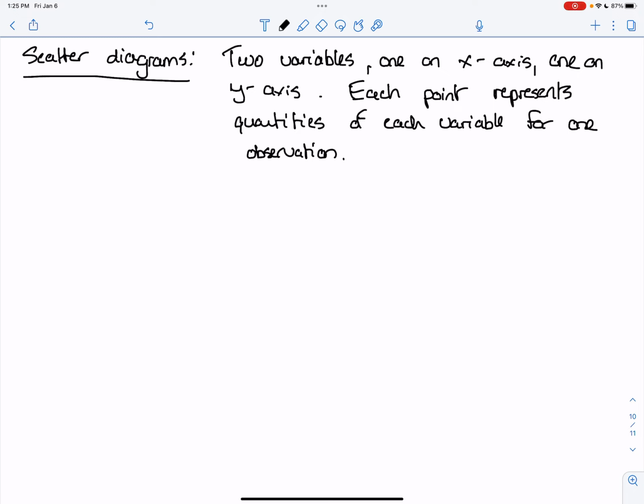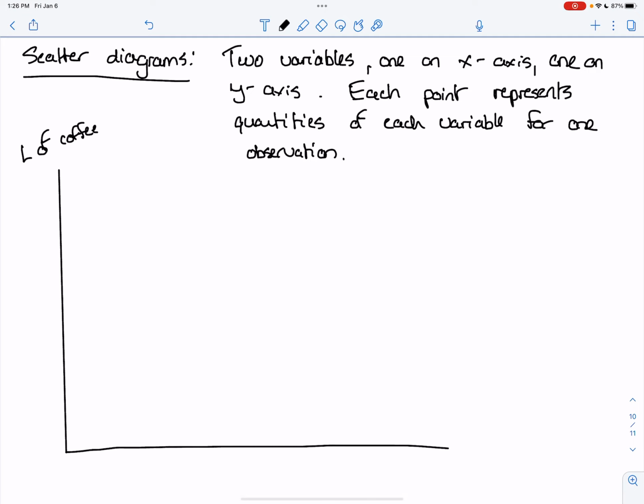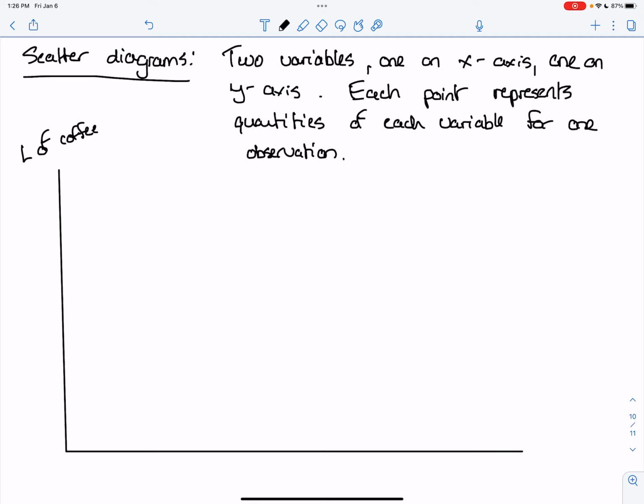So let's go back to our example from a previous video, with sleep time correlated to the number of liters of coffee that the person drinks in a day or a week or whatever it is. I believe we had liters of coffee on the y-axis. Well, liters is a lot, so this would probably be in a month or something like that. And on the x-axis, we had hours of sleep.